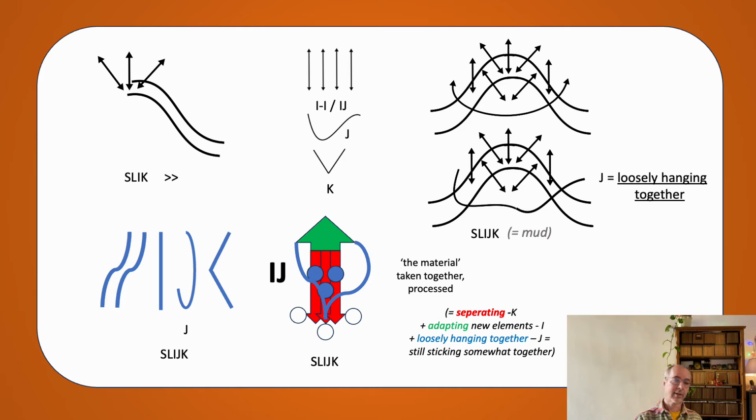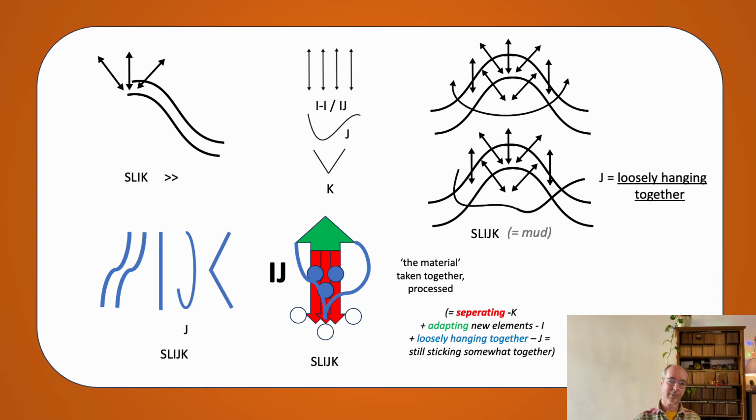Let's go to the next word, SLAK. That's also a Dutch word. SLAK means mud, let's say, or dirt. How can we combine that? So the A is actually like a lot of E's combined with the G, which gives it a loosely hanging together of E's, or incoming insertions, and the K is breaking apart.